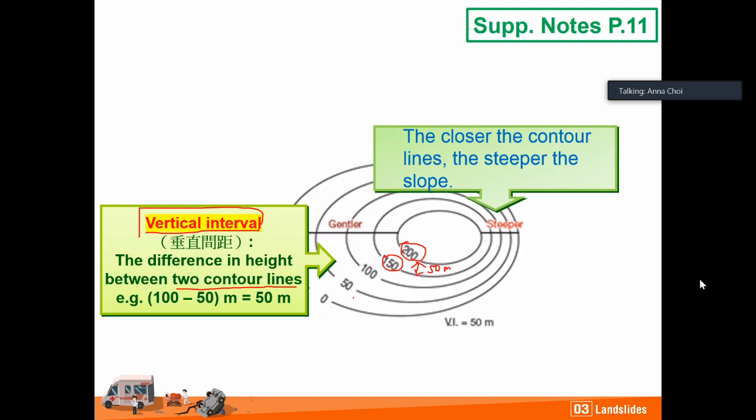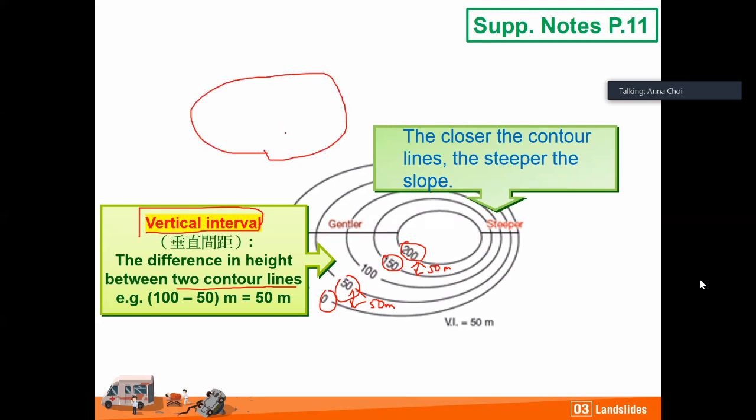The same if I choose another two, the height difference is 15 as well. So between the two contour lines, they have the same height in between. We call this the vertical interval, and quite obviously, this map has a 15 meter vertical interval.